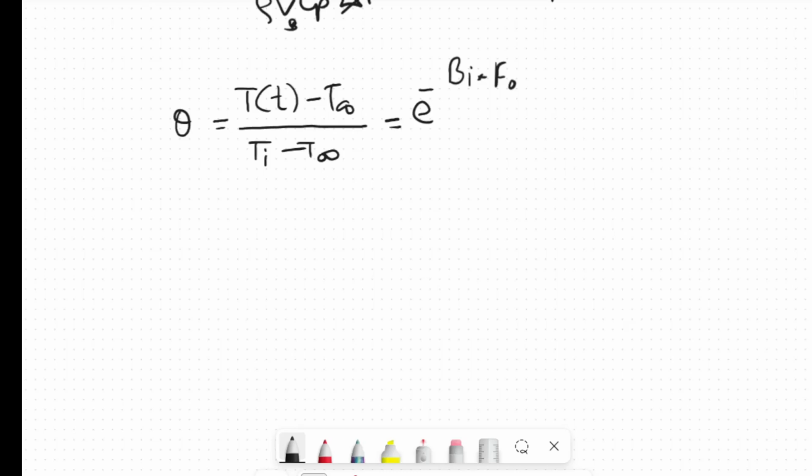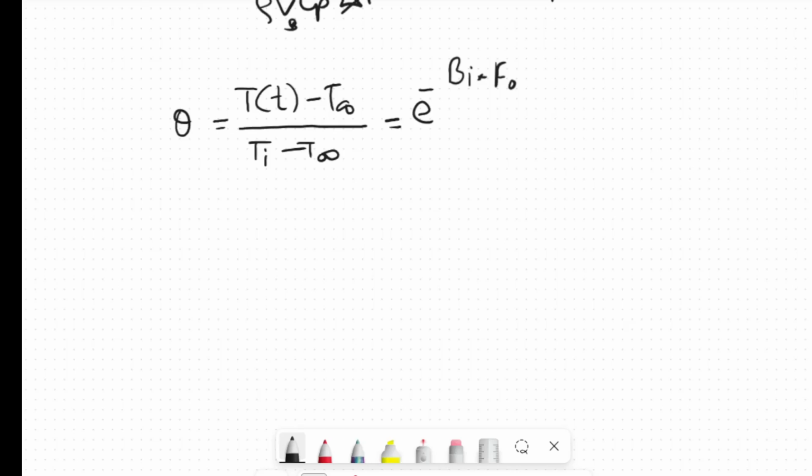So in case of lumped heat transfer, temperature is a function of only time, not a function of distance. And in case of purely unsteady state heat transfer, the temperature is a function of time and also a function of distance.